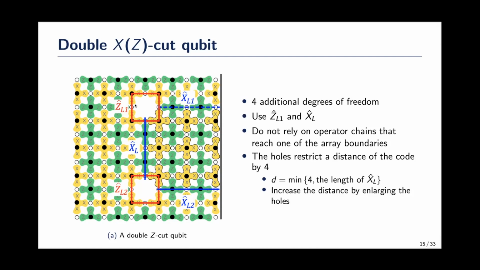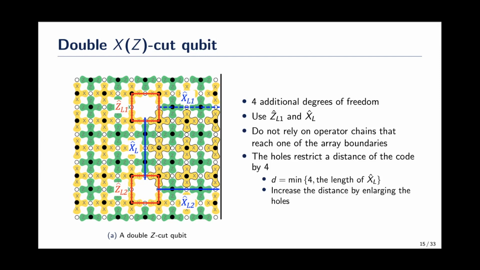By using ZL1 and XL as logical operators, we can make the hole independent of the boundary. And the distance of this code is the minimum of 4 and the length of XL, but we can increase it.